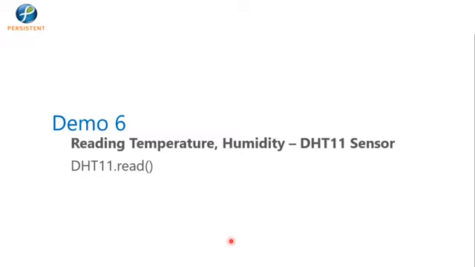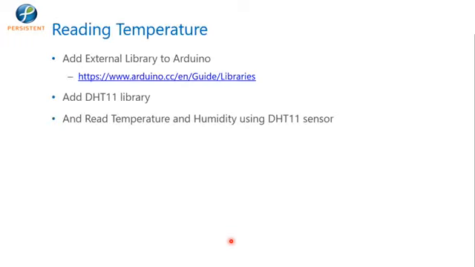Let us look at one more interesting example here for reading temperature and humidity signals. For this, I will be using a readily available sensor called the DHT11 sensor. Now, for using this particular DHT11 sensor, you have to get one external library.